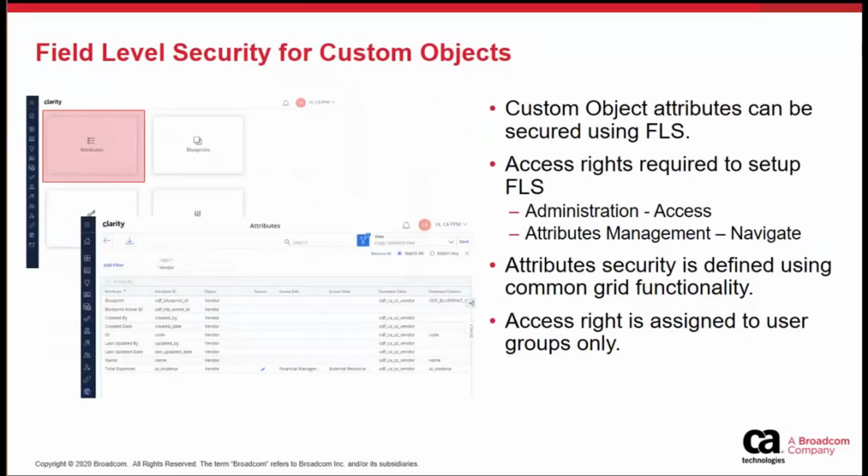Once I have those rights, I can pick the custom object that I want to grant security to, and I can then assign the rights to the user groups as I could do for projects and ideas.